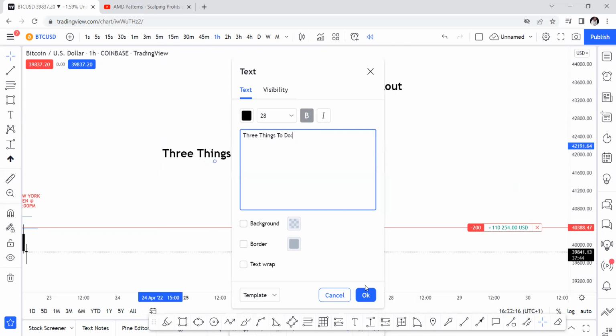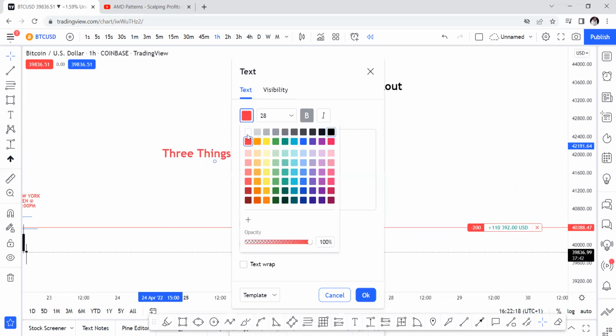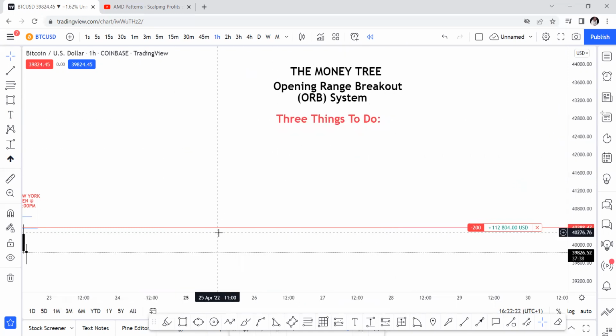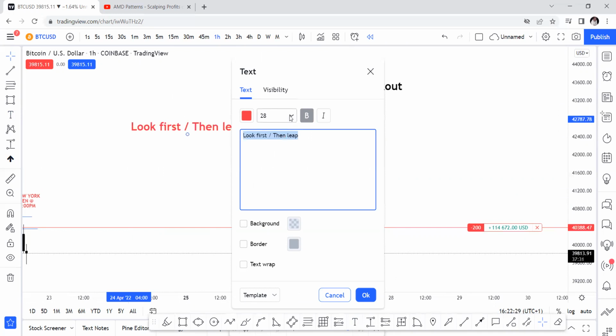What are these three things? So number one of it is, let me know what these things are.